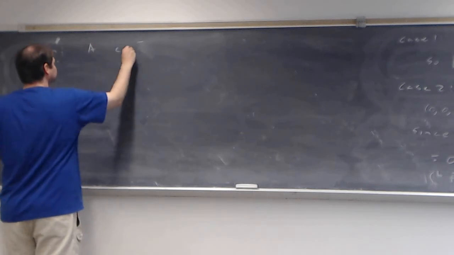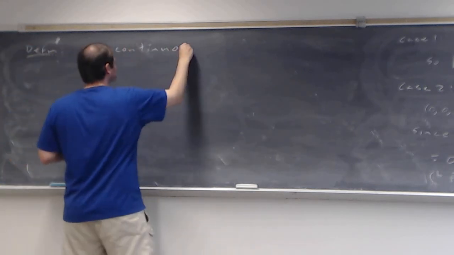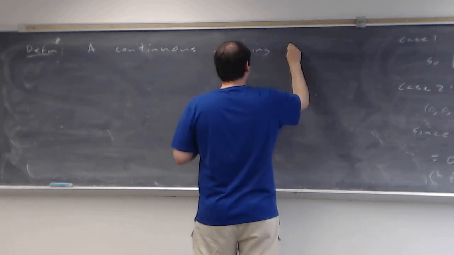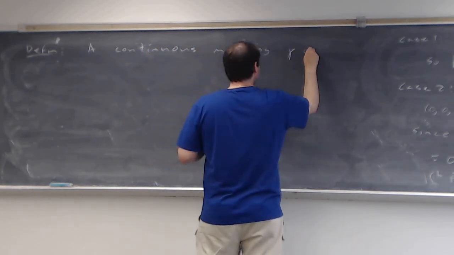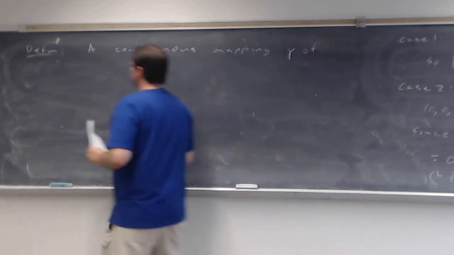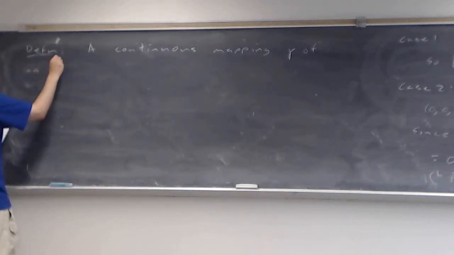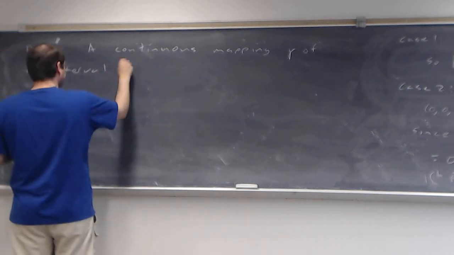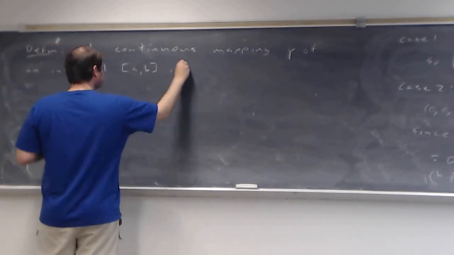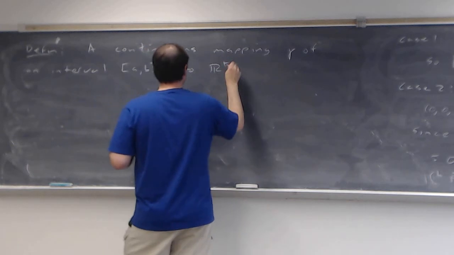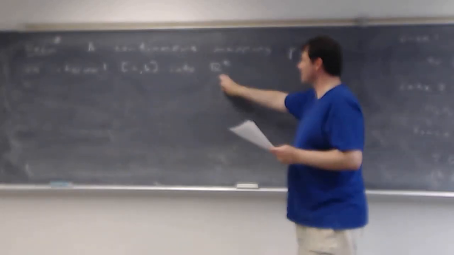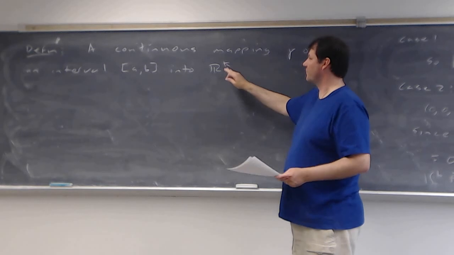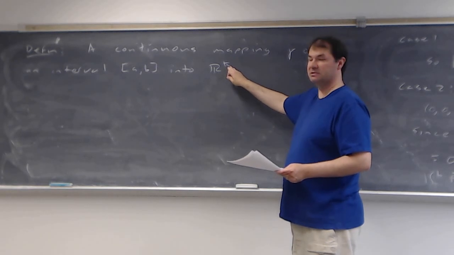It says a continuous mapping gamma of an interval a to b into R^k. This work is going to be stated for these mappings into R^k, but for complex analysis, we'll be interested in R^2.